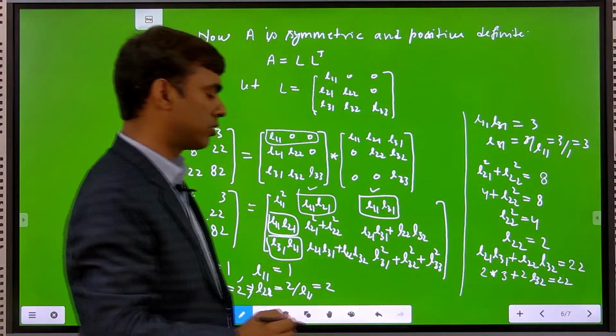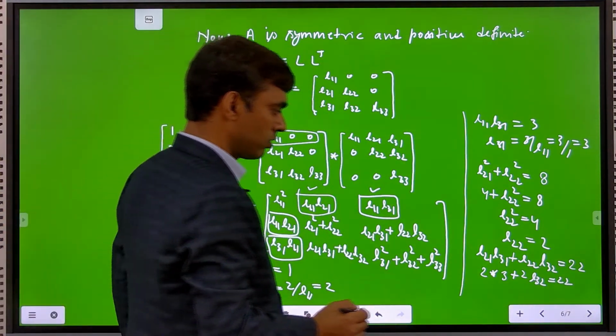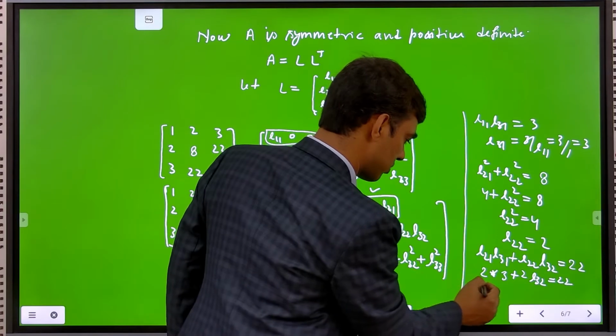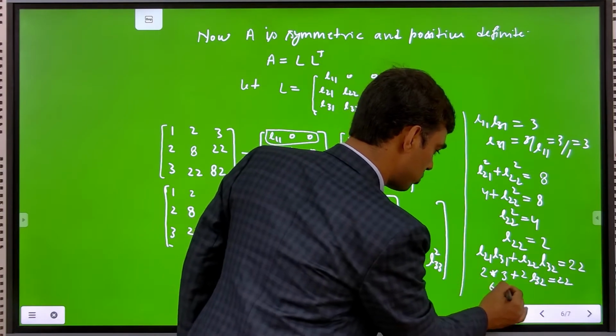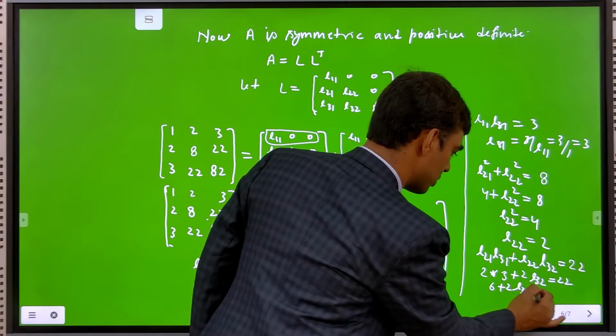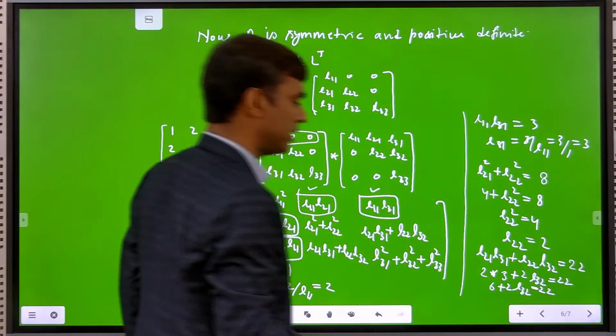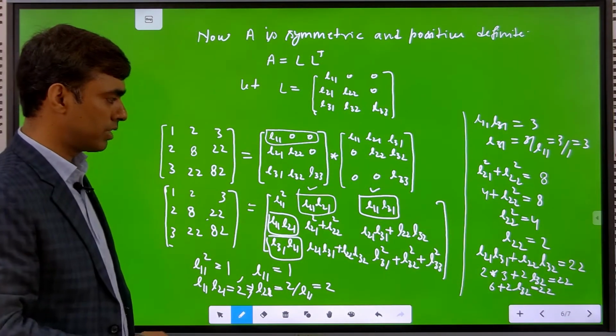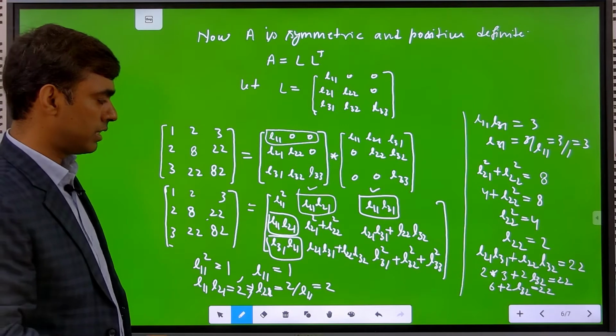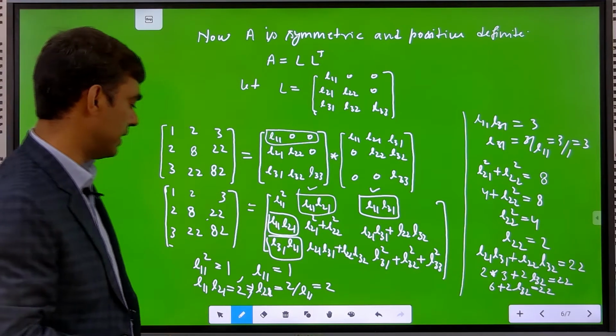If we simplify this, 3 times 2 is 6, so 6 plus 2 times L32 equals 22. Simplifying, this becomes 16, which means L32 is 8.